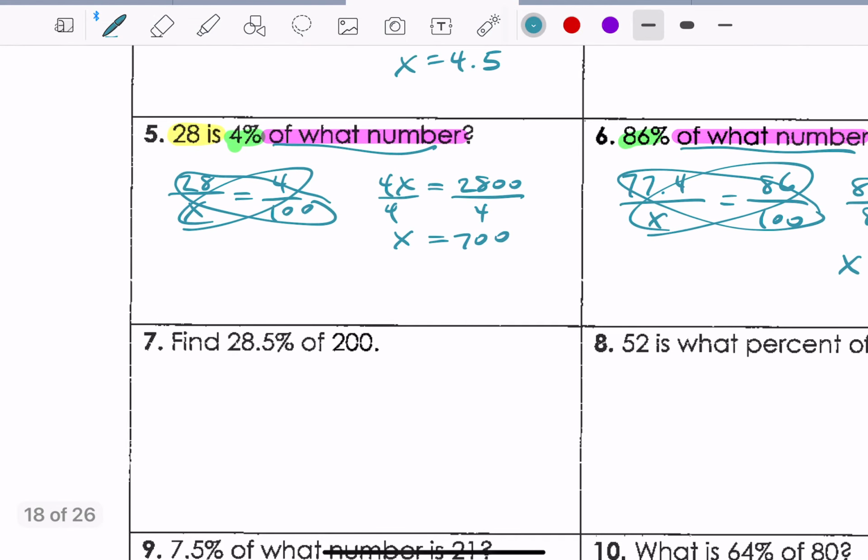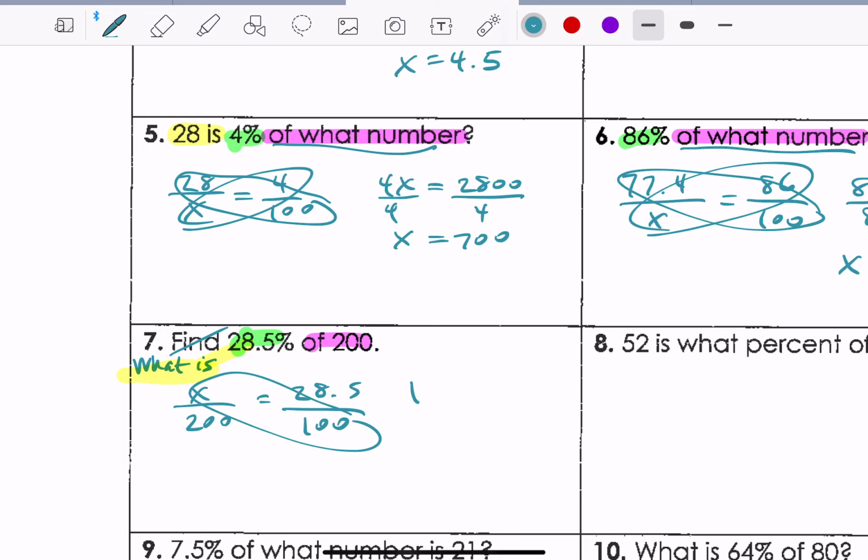Okay, number 7. Find. Remember, find is really saying what is. So what is 28.5% of 200? So is the x, of is 200, and then my percent is 28.5 over 100.